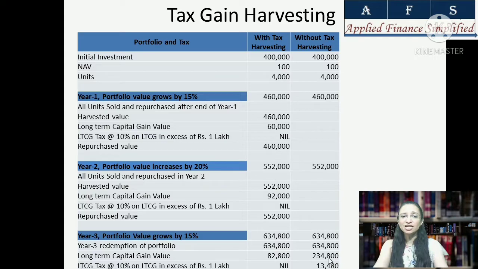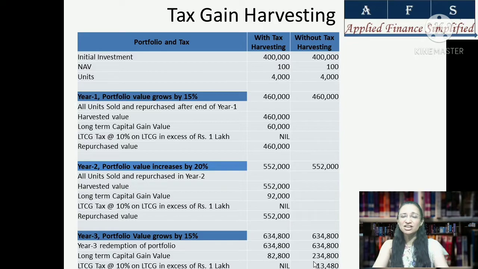So capital gains tax will be levied on 1,34,800 at the rate of 10%, which is 13,480. So for the same portfolio, in one scenario we paid no tax during the year, whereas in the other scenario we have to shell out 13,480 rupees.